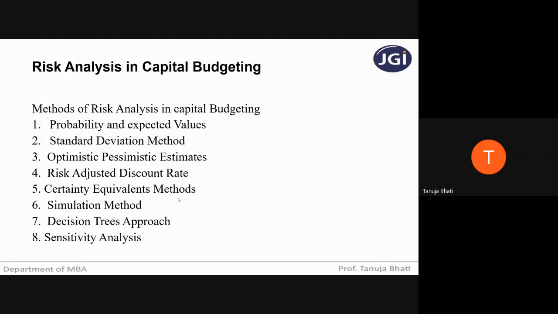The certainty equivalent method means you're going to place your projects in such a way that the riskiest is given the higher ranking, and the less risky is given the lower ranking.